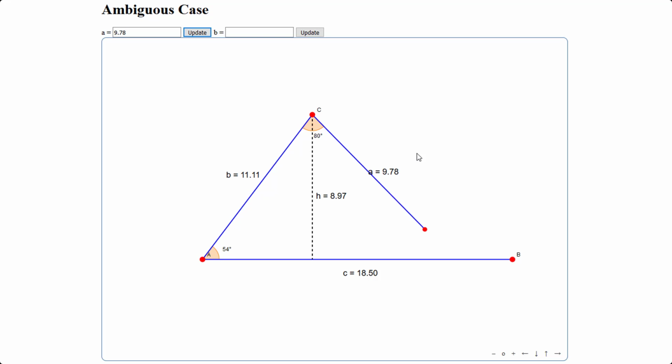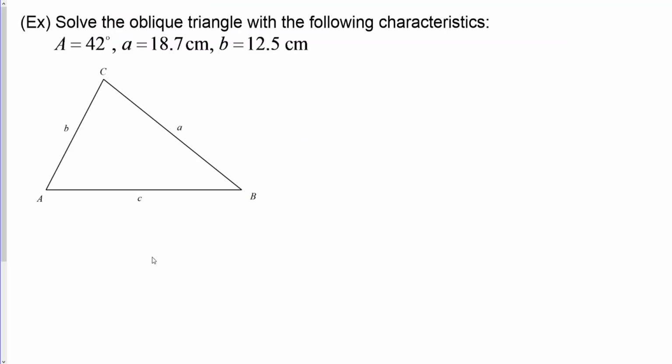So let's try and solve some examples using the applet to kind of guide us along. So let's solve the oblique triangle with the following characteristics. Angle A is 42 degrees, side A is 18.7 centimeters, side B is 12.5 centimeters.